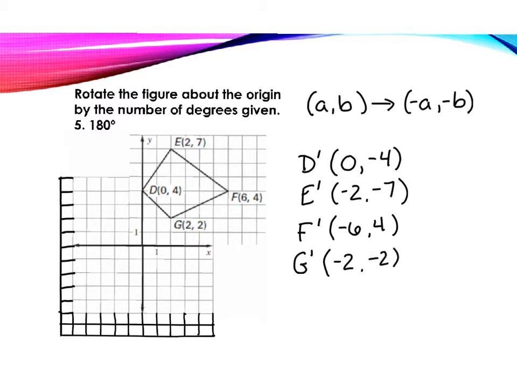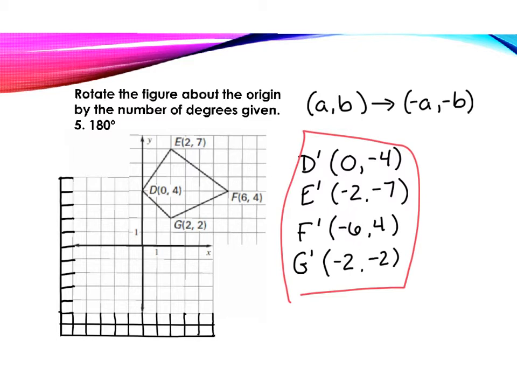Now let's plot these points. Alright, so I've plotted my points. You can pause this if you want and get these same points down, but you should know how to plot these points now that we found them together.